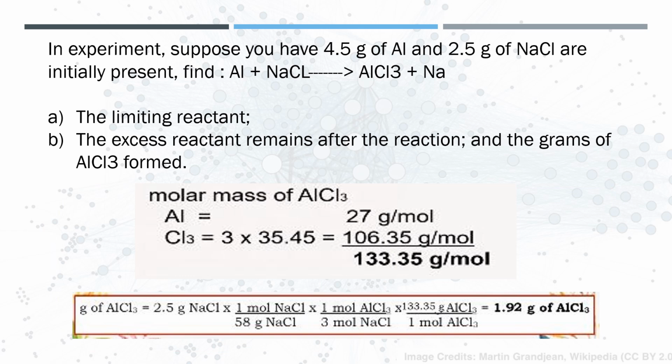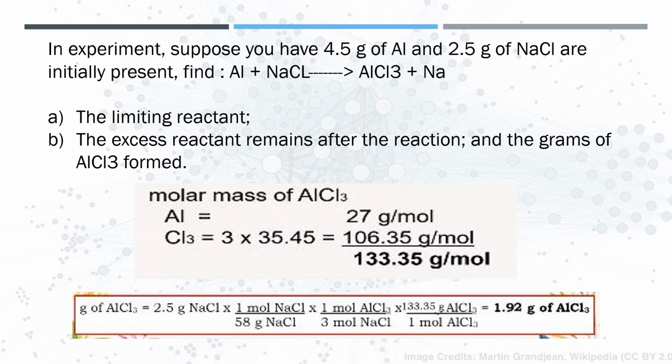And for the last part of our example, we will find the grams of the aluminum chloride. First, we have to get the molar mass of the aluminum chloride. Aluminum equals 27 grams per mole, and for the chlorine, we have to multiply the subscript, which is 3, by 35.5, which yields 106.35 grams per mole.